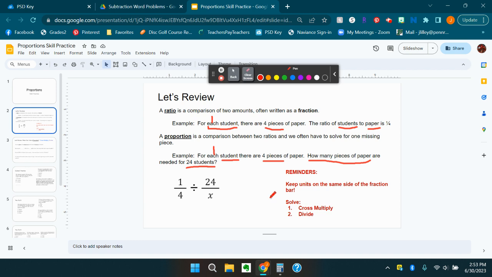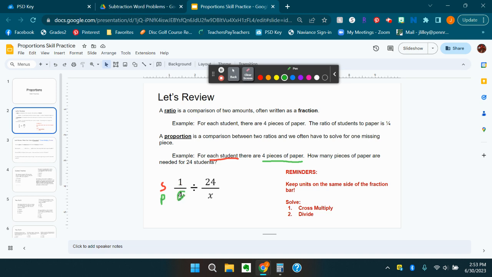So here's what's really important when you're setting up a proportion. You're going to write your ratios in order. So, for example, if my first ratio says for each student, there are 4 pieces of paper, that means I'm going to write my one student on the top of my fraction and my 4 pieces of paper on the bottom of my fraction.